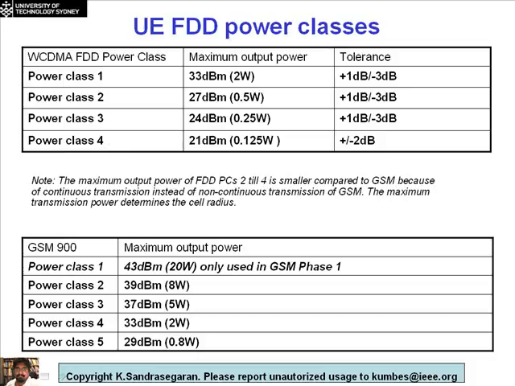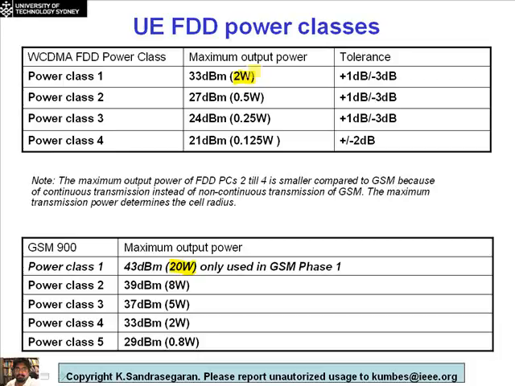Now, if you compare wideband CDMA with GSM, for example, GSM power class 1 had a maximum output power of 20 watts, whereas power class 1 in wideband CDMA is only 2 watts, so about 1/10 of the power.